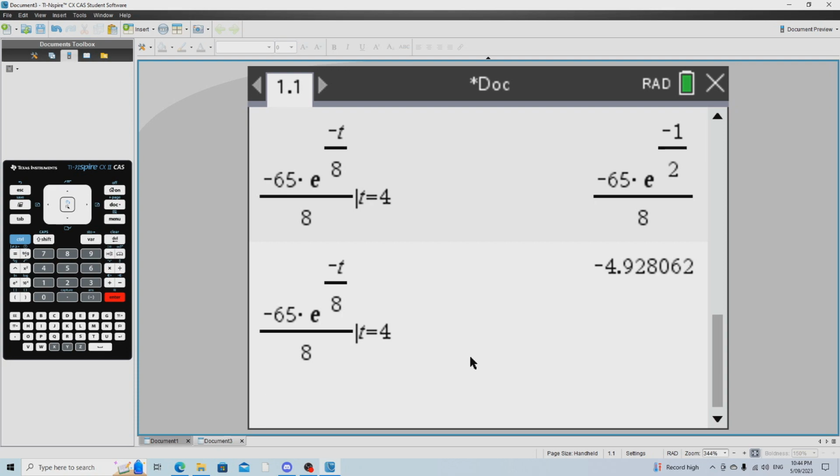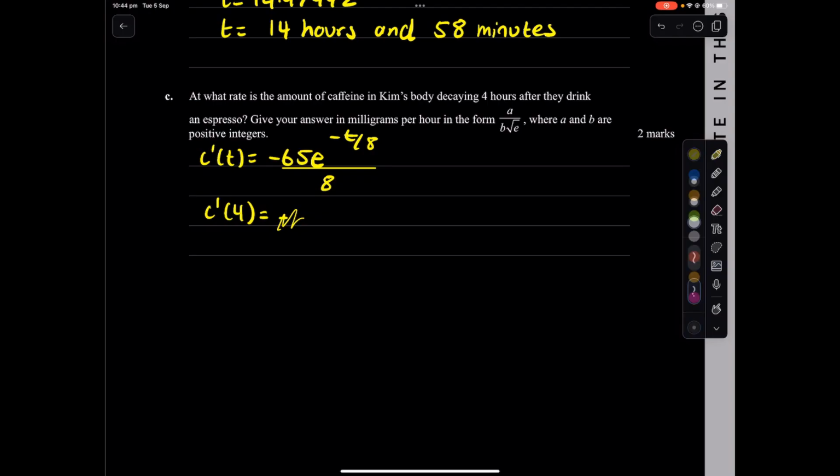Oh, no, actually, we want it in this form. So we don't want to write in decimals. So it's equal to negative 65 E negative half all over 8. Now this form, if we simplify it, is pretty much 8 root E. And because it says it's already decaying, we don't need that negative.